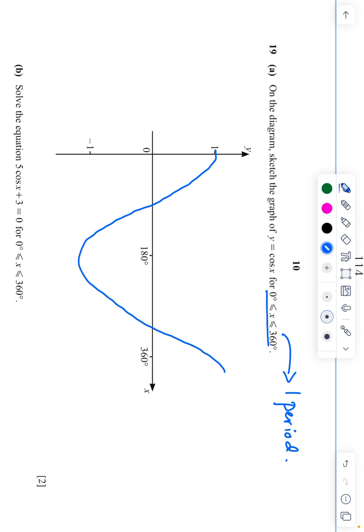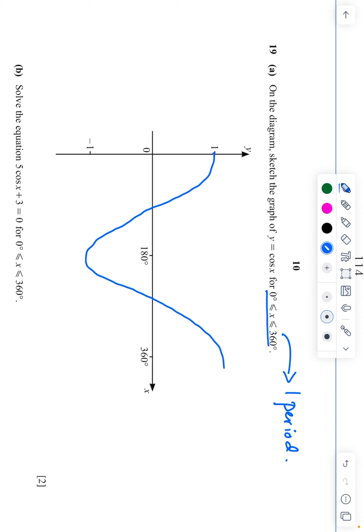Something like this. So make sure our turning point is at maybe, let me try again one more time. Yeah, so make sure your turning point is at -1.